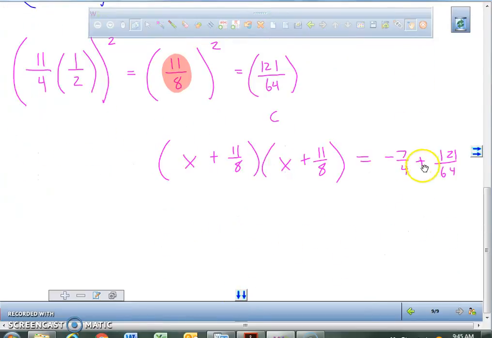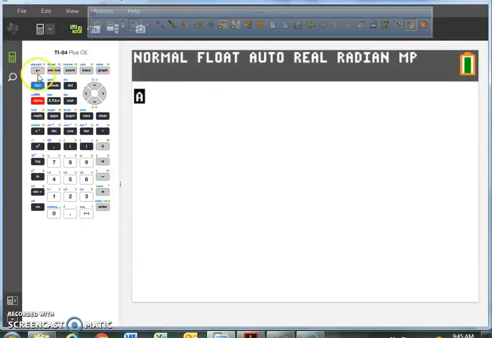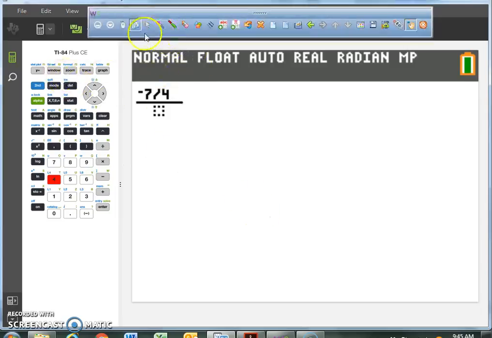Now, if you get a problem like this, it's very easy to do in the calculator. You don't have to do a whole bunch of stuff. In the calculator, you could go alpha y equals enter. You can type in negative 7 divided by 4. Wait a second, let me go back.